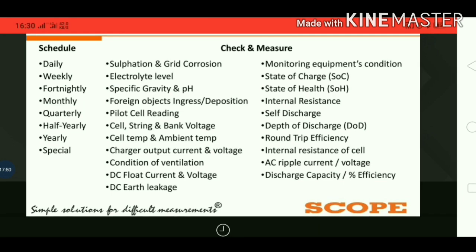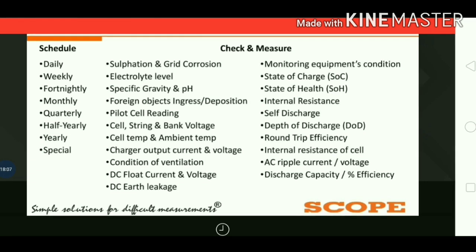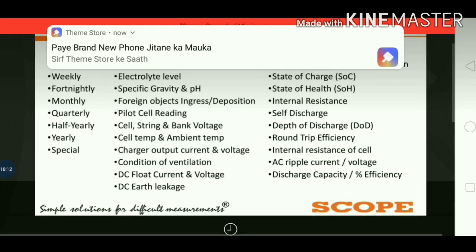If you go to the battery bank, it is observed that the temperature is always constant in the battery room. We can also check the charger output current and voltage. The condition of ventilation is also important, because we know that some gaseous effect is there inside the battery.